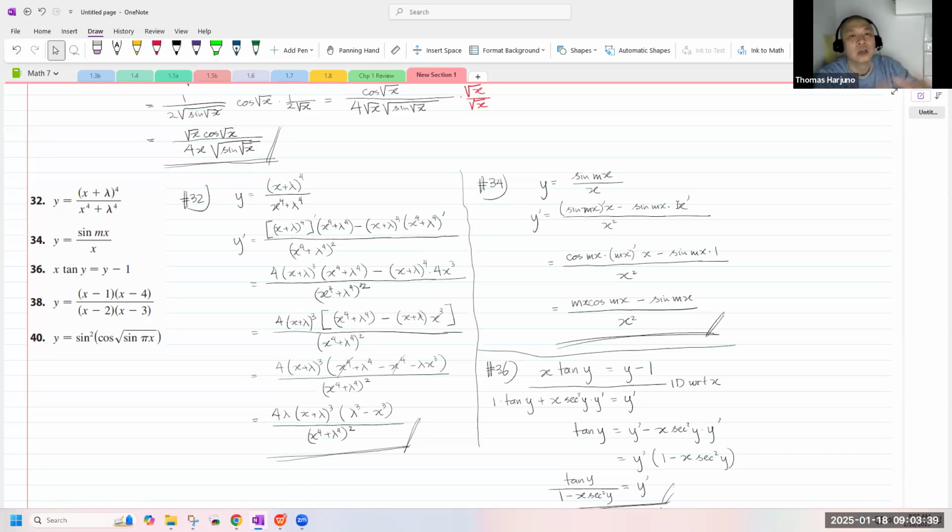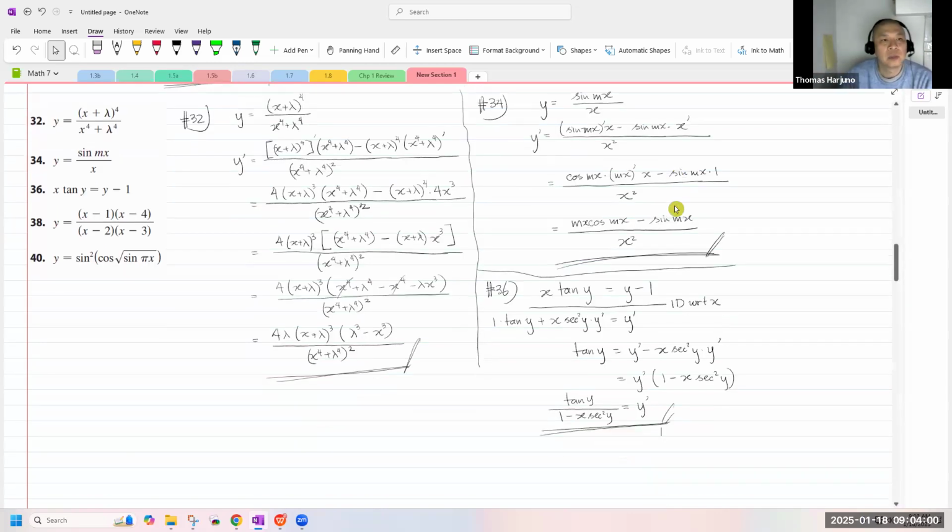Okay, now the one we are dealing with right now is we focus on making sure that we know how to do the derivative even for more difficult types of functions. Okay, yeah, so I'm not saying that later on we don't deal with the derivative anymore. We still deal with the derivative, but more into application. Okay, number 38.